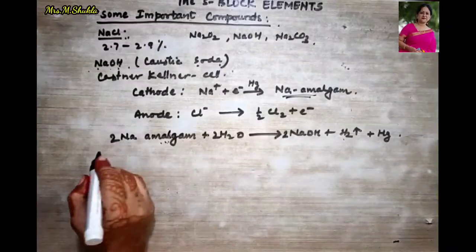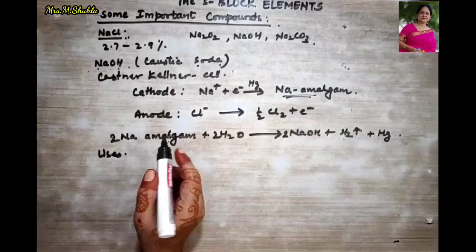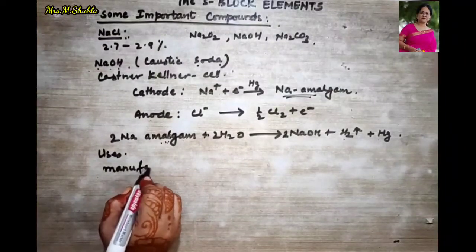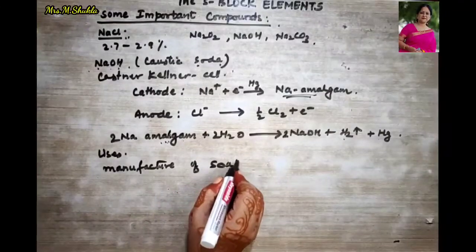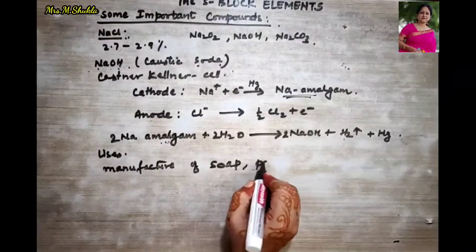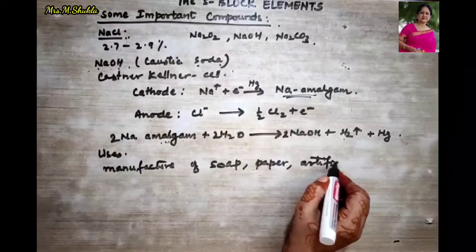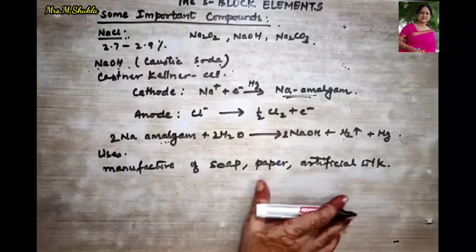Now what are the different uses of NaOH? It is used in the manufacture of soap, right? Manufacture of soap, also paper, or even artificial silk. So these are some of the things.